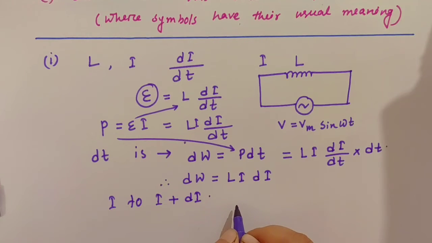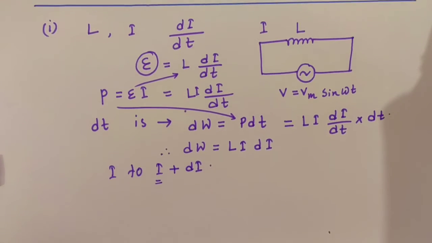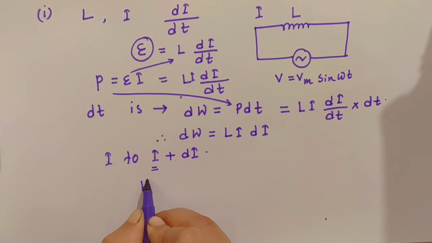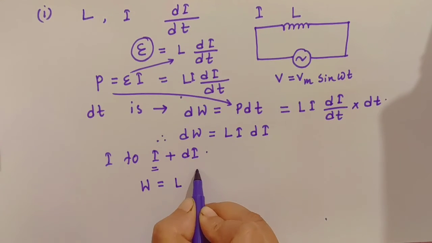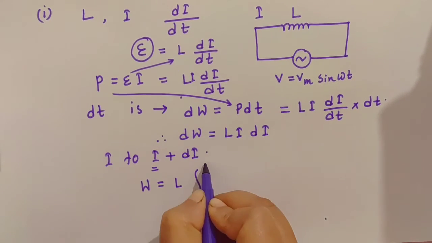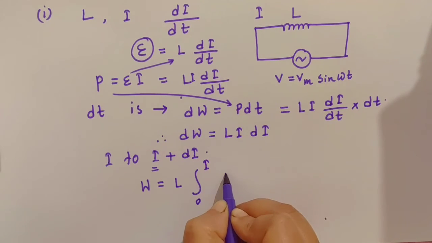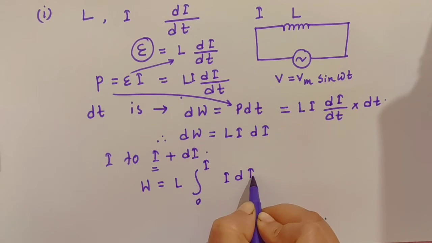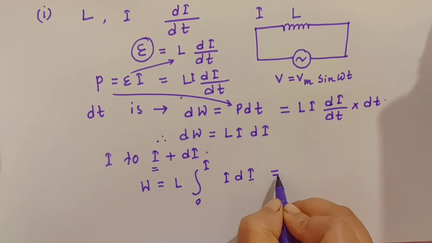Thus, the total energy supplied when the current increases from 0 to a final value I, we can write the energy W is equal to L integral from 0 to I of I di.